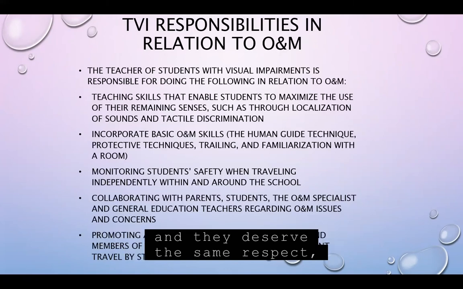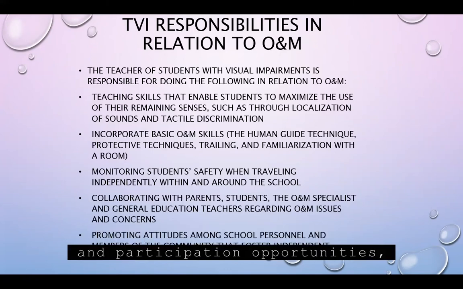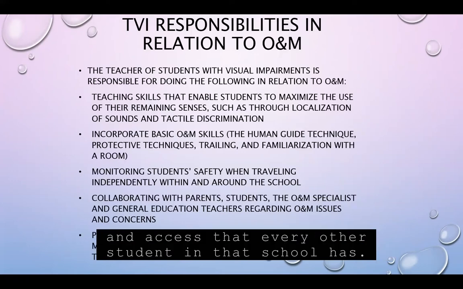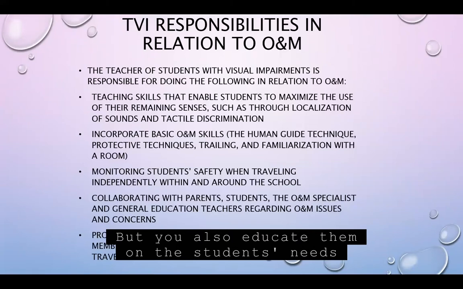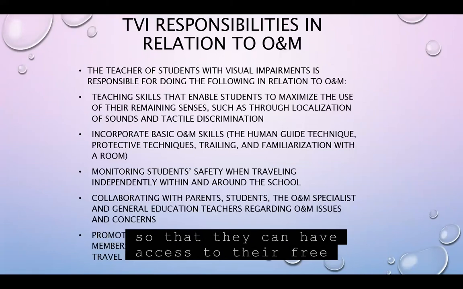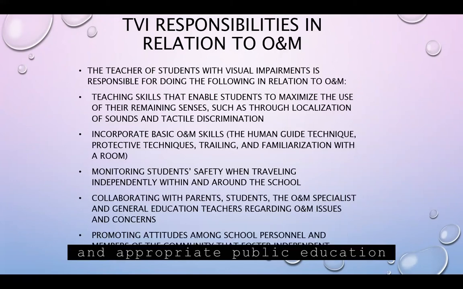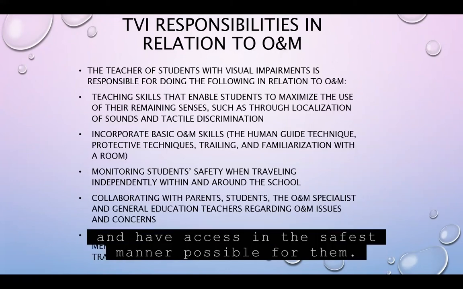They deserve the same respect, participation opportunities and access that every other student in that school has. But you also educate them on the students' needs so that they can have access to their free appropriate public education and have access in the safest manner possible for them.